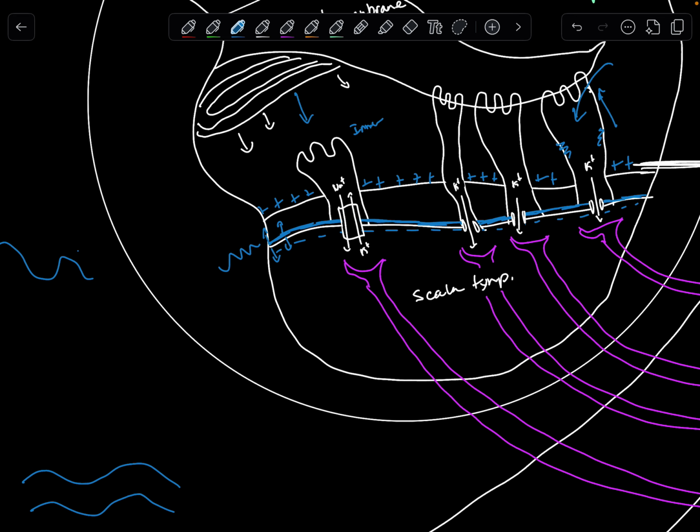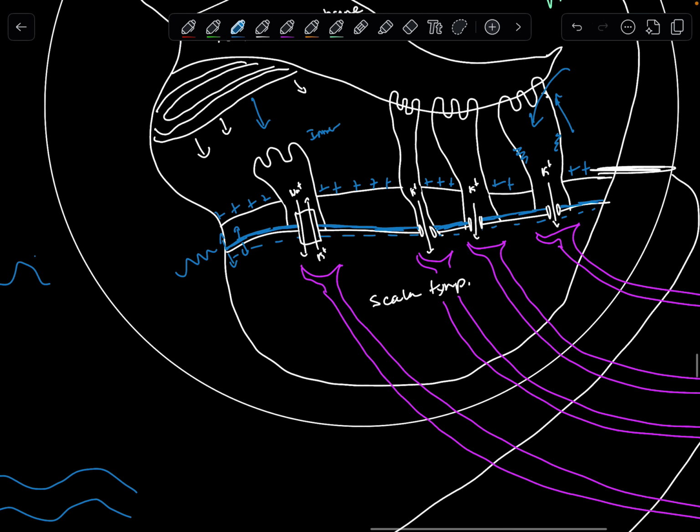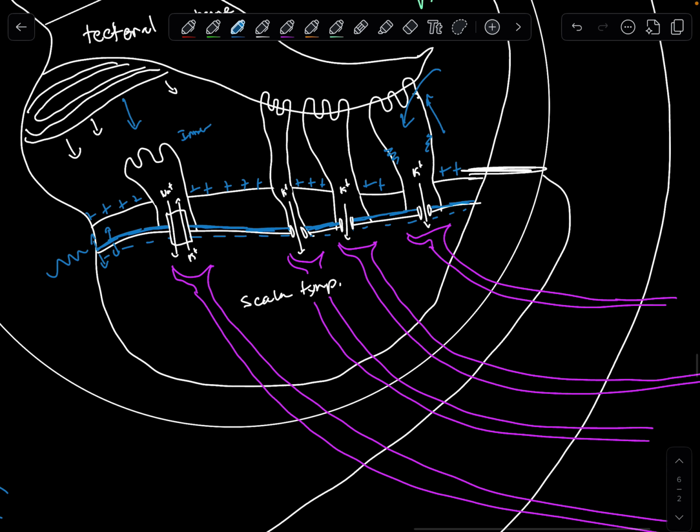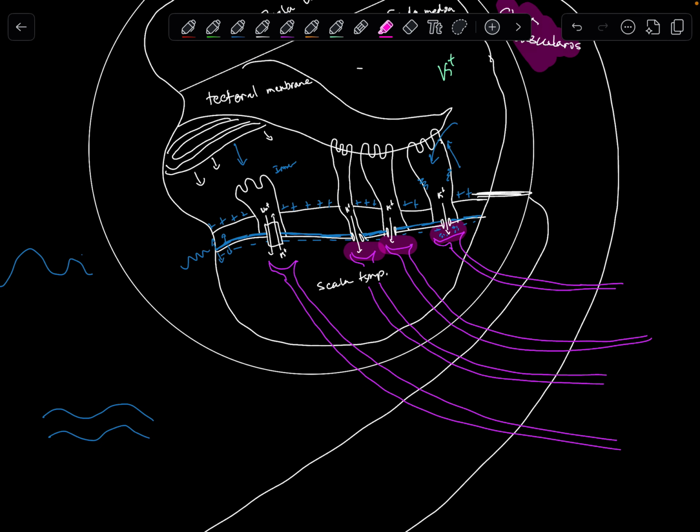And the same thing's gonna occur, but this is the important part. If you have glutamate, or not, a neurotransmitter released here, nothing really happens. You don't really necessarily know, but it's not going to the brain.